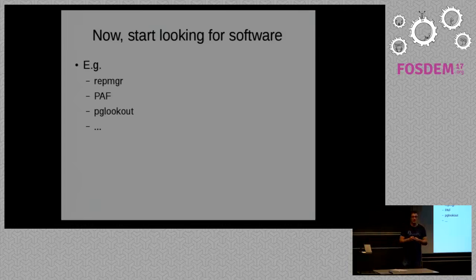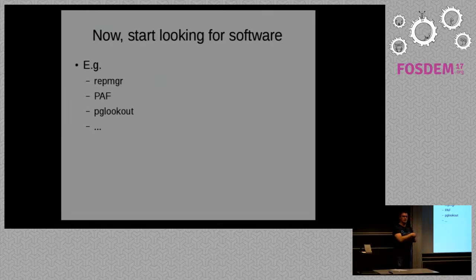repmgr is, I think, now 5 years old or something, an open source project, actively maintained. PAF by Dalibo, which is a resource for, what's its name again? What's that Linux HA manager? Pacemaker.